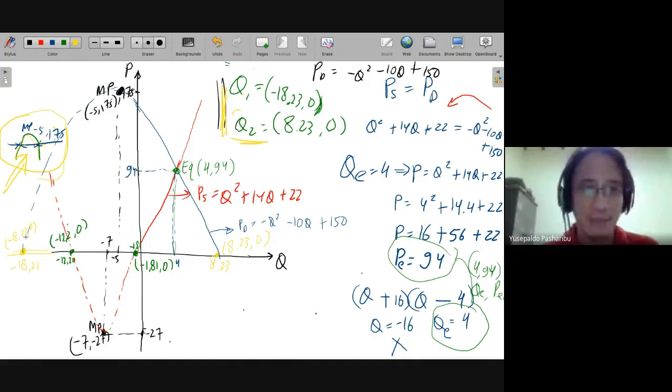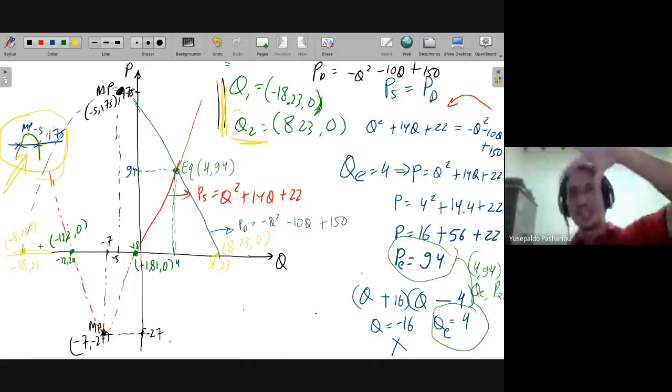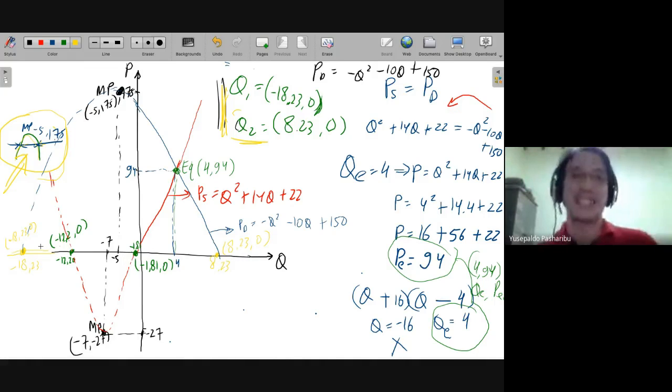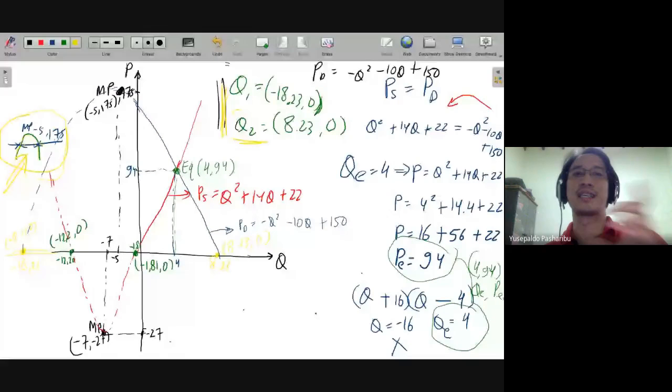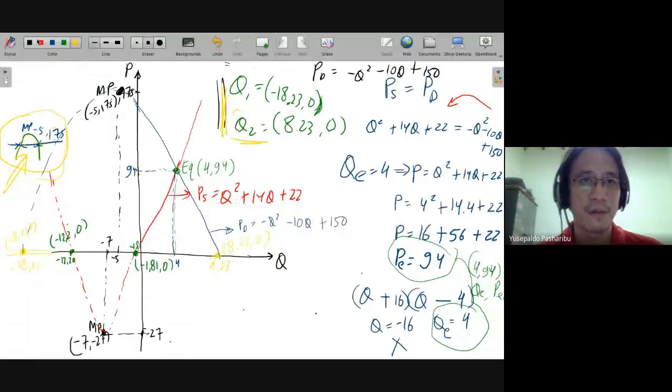So this is how we create the second one. Imagine it going up, in an inverted U shape, with two points that cut this picture. Focus only on the part in quadrant 1.